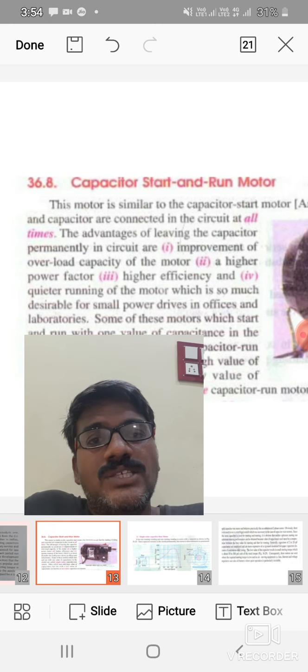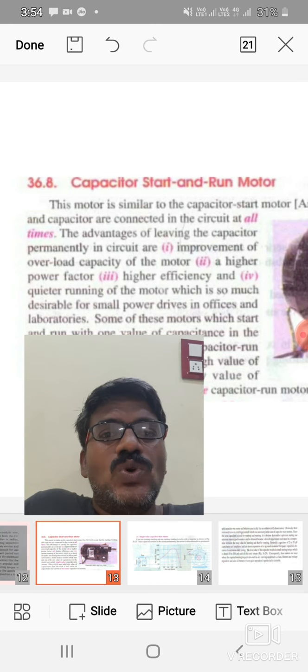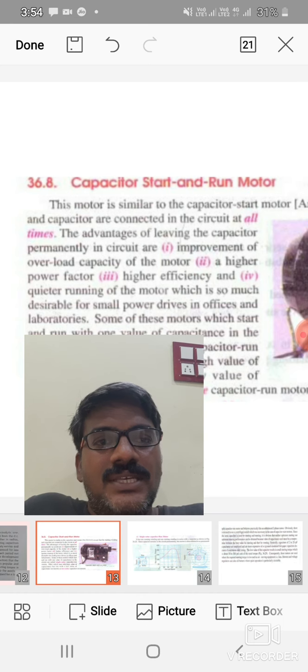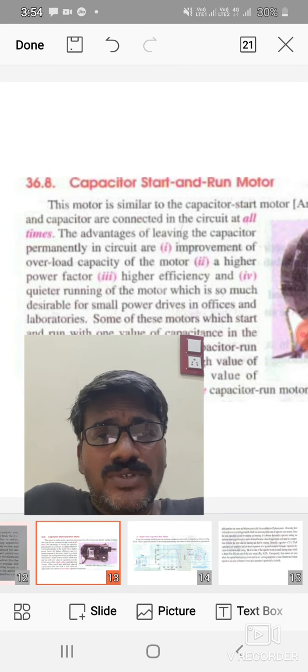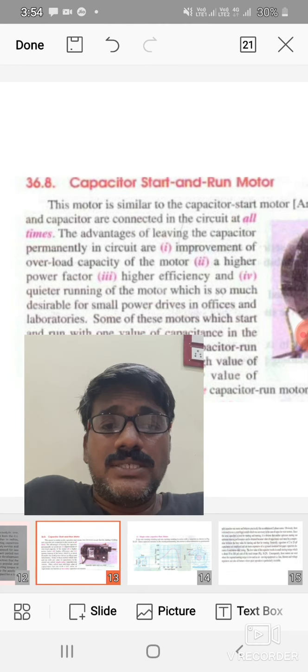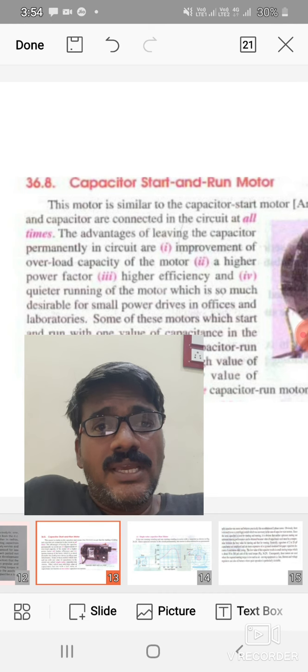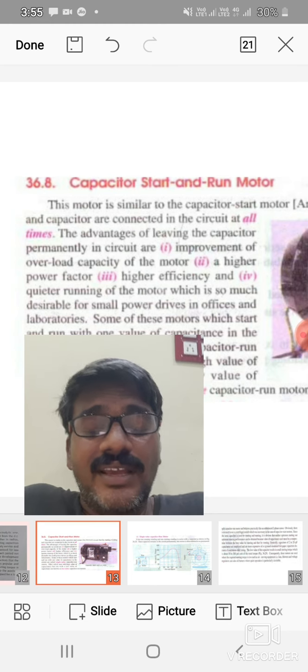And the fourth one is quieter running of the motor, which is so much desirable for small power devices in offices and laboratories. The most important advantage of the capacitor start capacitor run motor is that it is very quiet, noiseless operation, right?